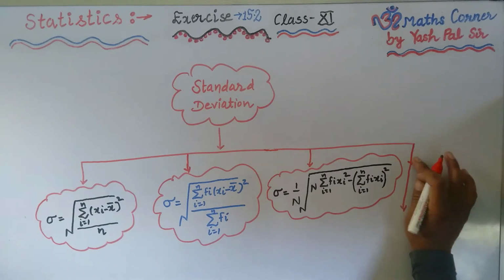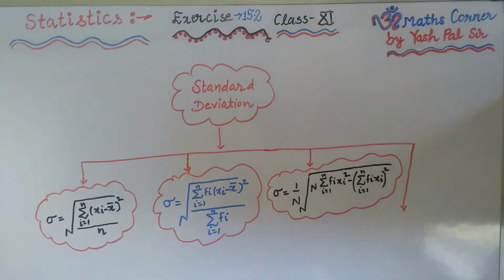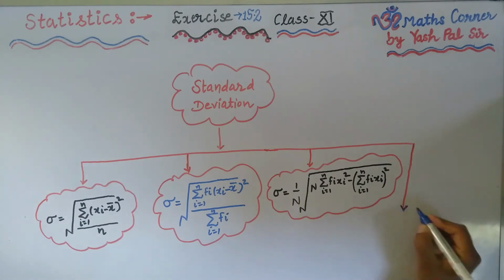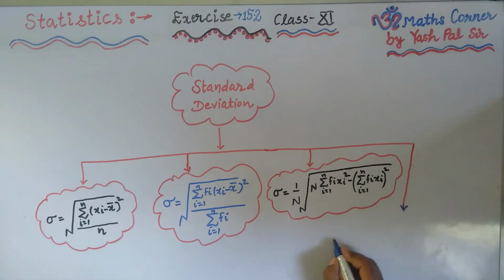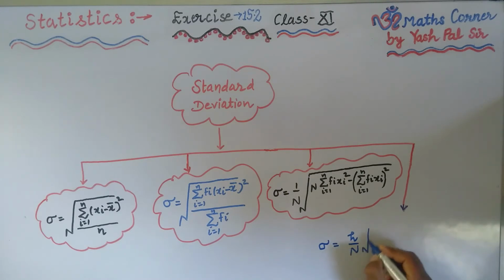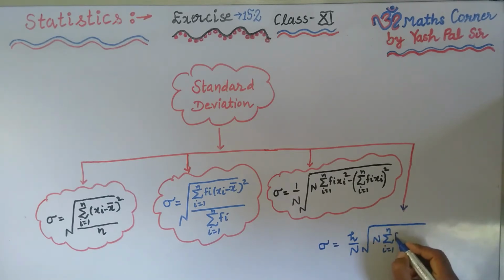This is for continuous frequency distribution. When class intervals are given, we use this formula: sigma is equal to h upon n into square root of n into summation i equals 1 to n of fi yi square, minus the same thing, the bracket summation i equals 1 to n of fi yi, its whole square.